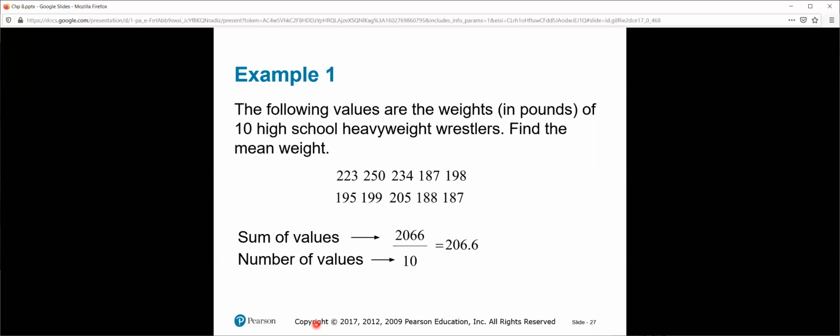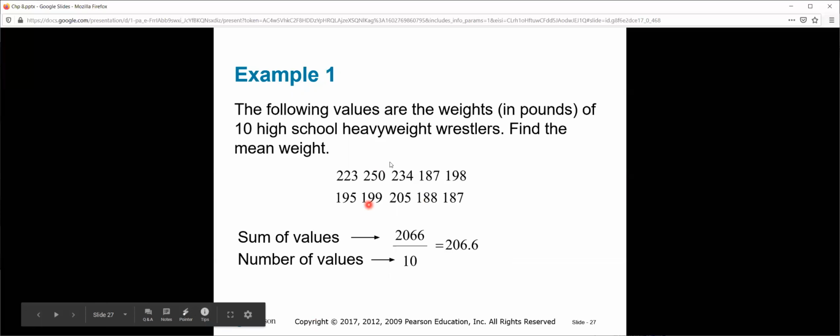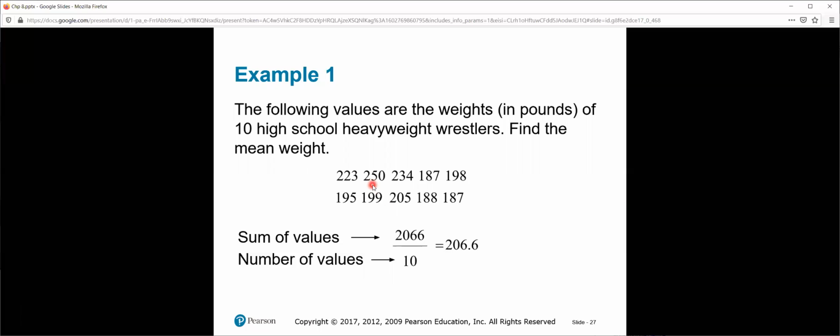If I want to know the average weight of high school heavyweight wrestlers, I take all the individual weights, add them together, 2066, and then divide by the total number of wrestlers, 10, to give myself an average weight for said wrestlers. This guy is real big, a 250-pounder.